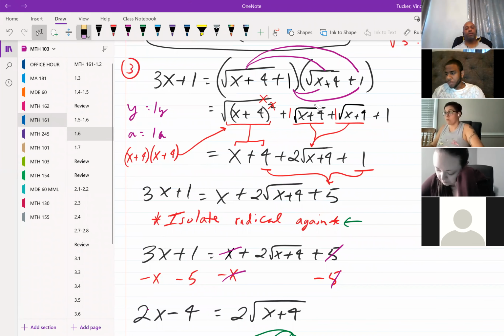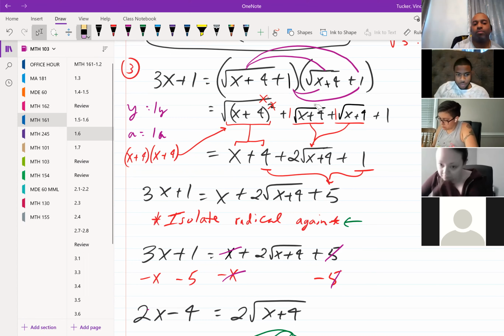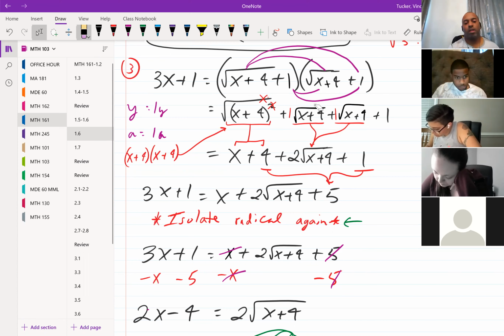And that'll be 2x minus 4 equal to 2 square root of x plus 4. All right, everybody good?